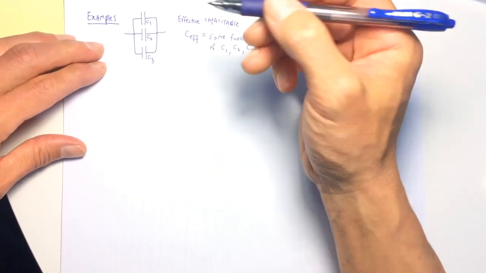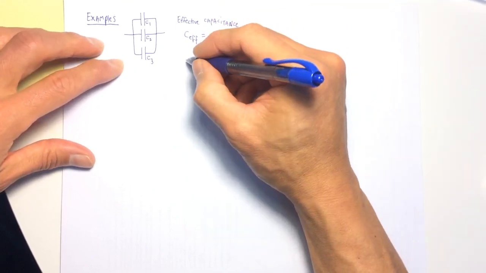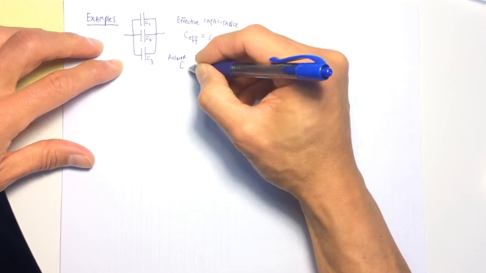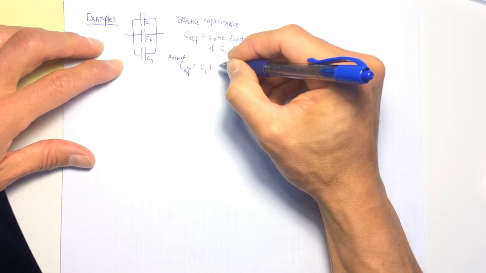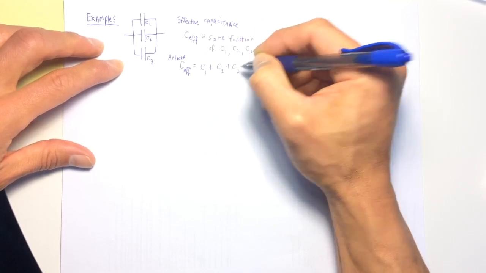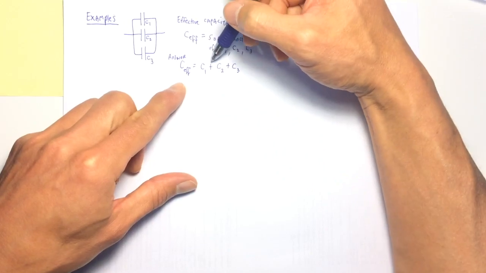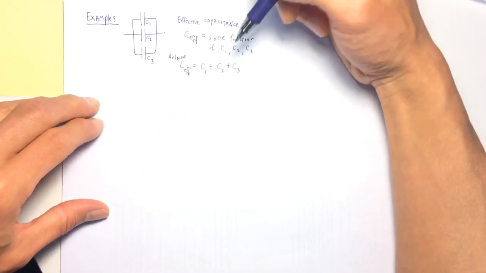And it turns out that the answer is C effective equals C1 plus C2 plus C3. It's just this simple summation of the 3 capacitances.